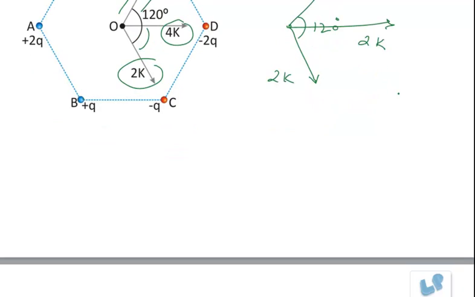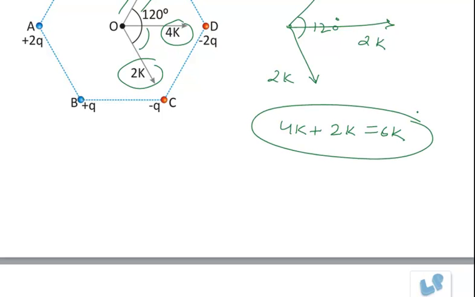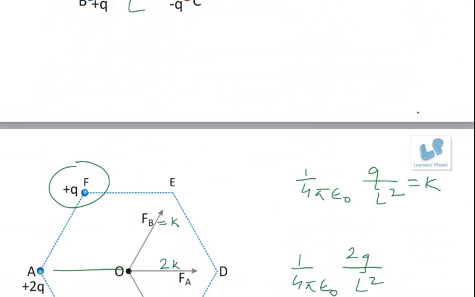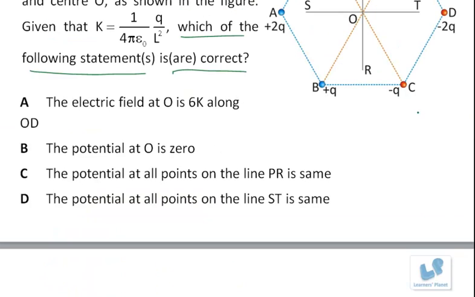So towards OD we now have 4k plus 2k, that is 6k. So the net electric field at point O will be 6k towards OD. Now let us look at the options. Option A: the electric field at O is 6k along OD. This is correct.